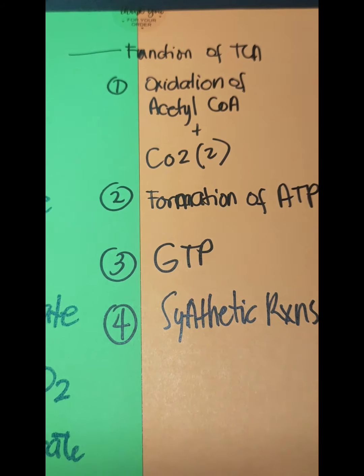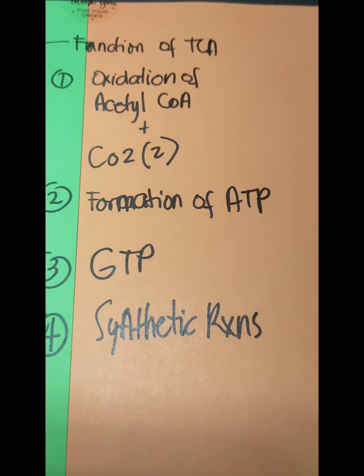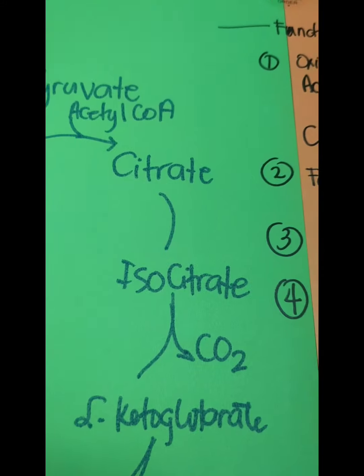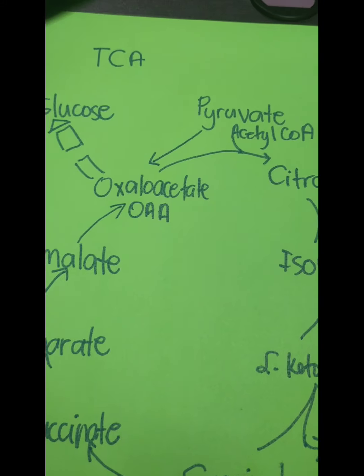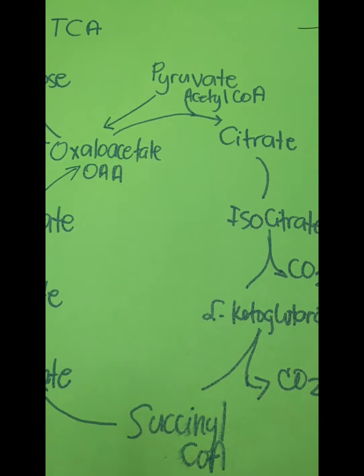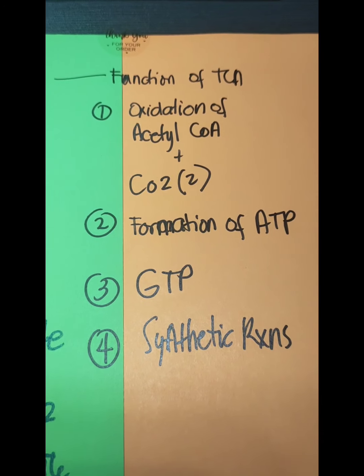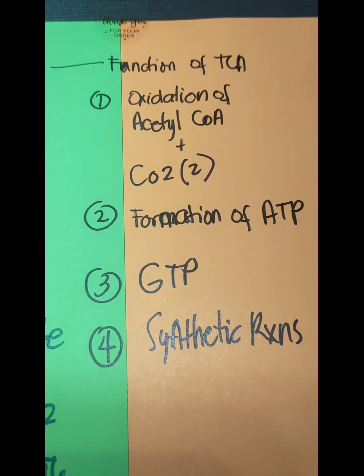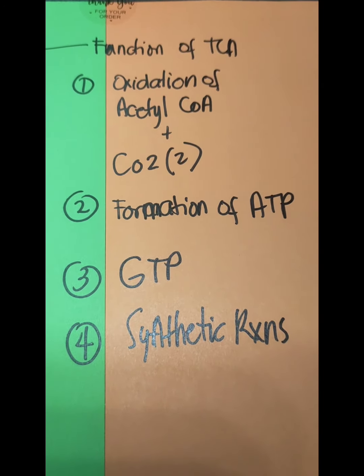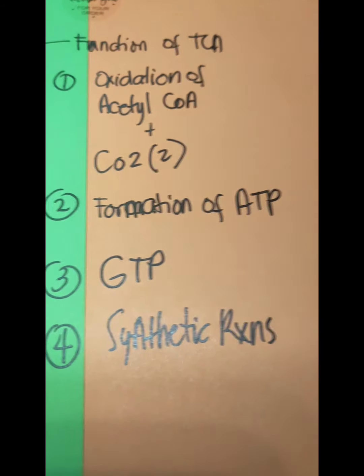Since I have presented to you the cycle, again, this is the whole cycle of the tricarboxylic acid. Now, it is important to say what the functions of your tricarboxylic acid are. For example, in glycolysis, it has been stated that the importance of glycolysis is the production of ATP and the pyruvate.